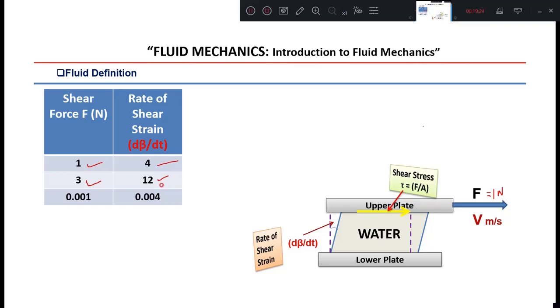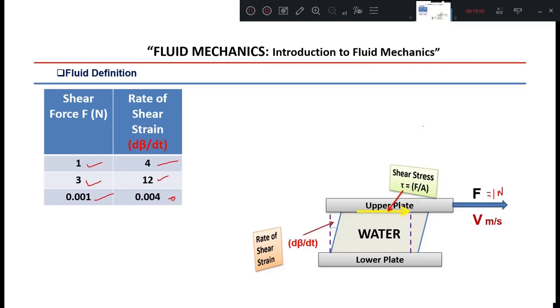Even at a very low magnitude of shear force, say about 0.001 Newton, the angular deformation would be 0.004 degrees per second.